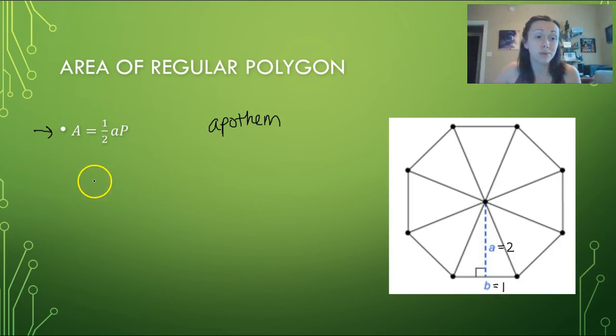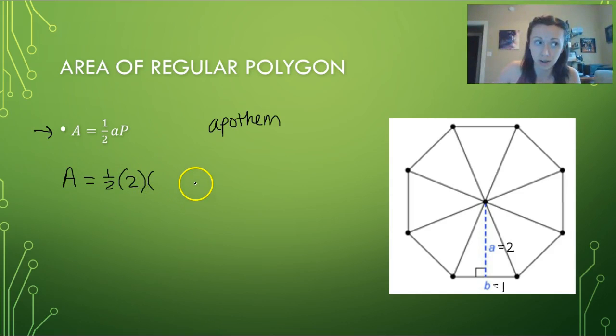So if I wanted to plug this in, the area for this regular polygon would be 1/2 times the apothem, which is 2, times the perimeter of this regular octagon, which is 8, right? Each side is 1 times 8 sides, 8. So then once we do that math, we'll see that the area of this regular polygon is 8 units squared.